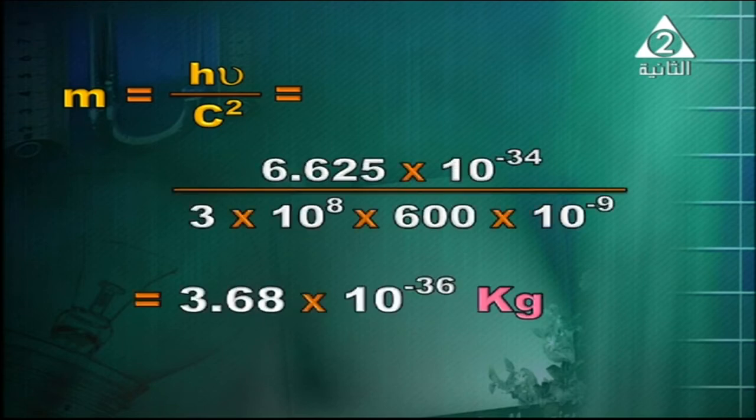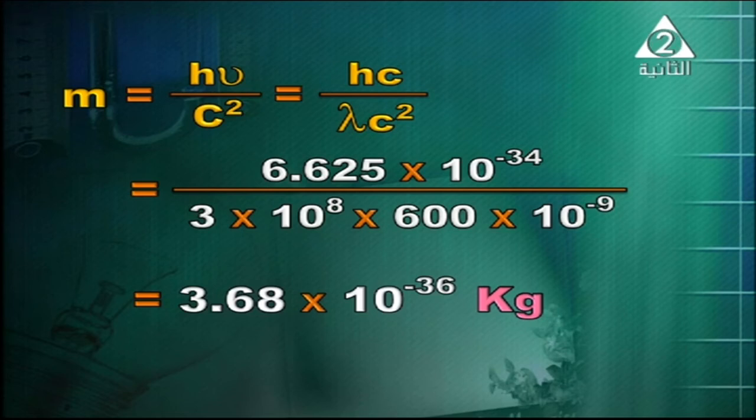And what about the mass of the photon? It is h nu over c squared. Okay, it is 6.625 times 10 to the power of negative 34. Why? Simply because nu is replaced by c over lambda, and one of the two c's is crossed out.